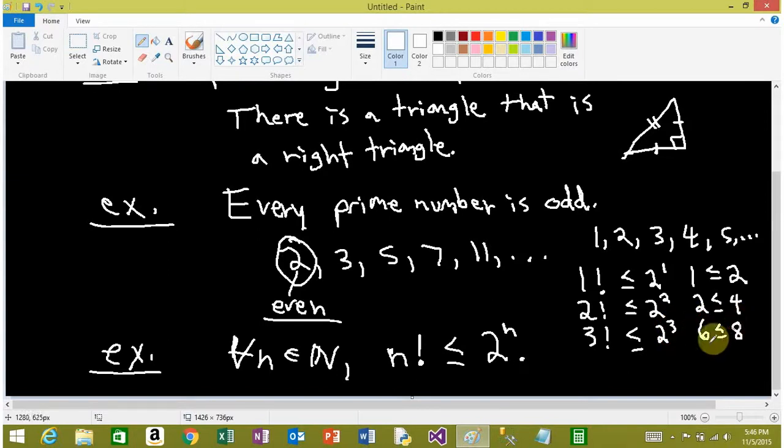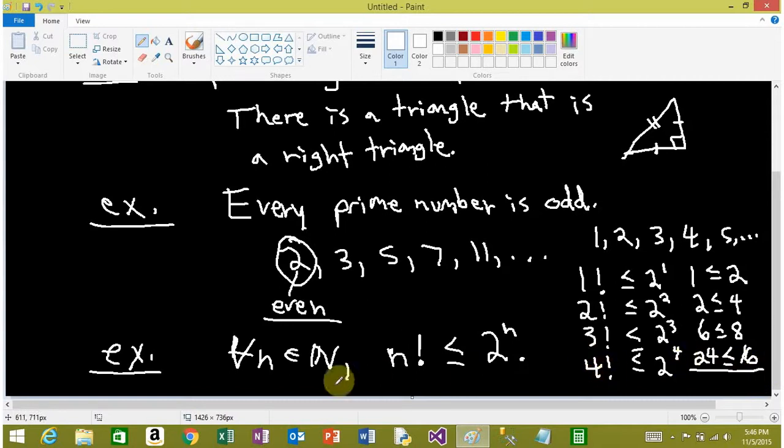Well, that's also true. What about 4 factorial though? Less than or equal to 2 to the fourth. So 4 factorial is 4 times 3 factorial. 4 times 6, 24. And is that less than or equal to 2 to the fourth? That's 16. That's false, right? So we just found a counterexample.